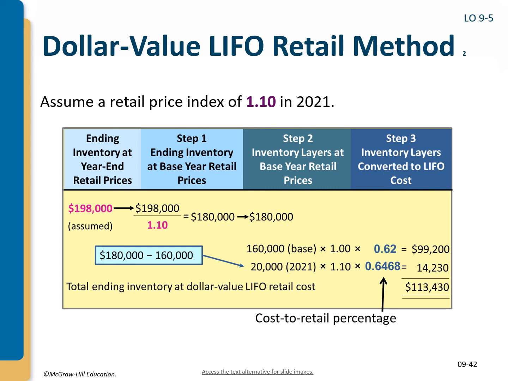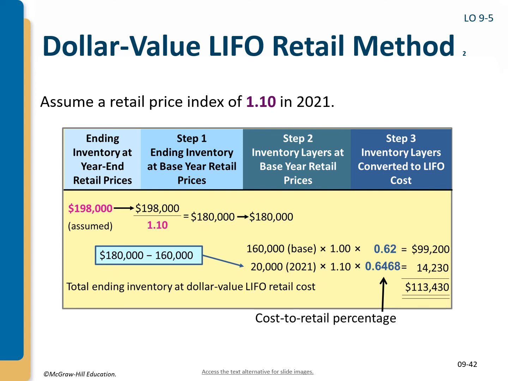So we're restating the end of year retail prices at base year, which would have been the beginning of the year. That just happens to be their base year. So the base year would be 160 times 1 times the cost to retail conversion for beginning inventory, 0.62, 99,200.